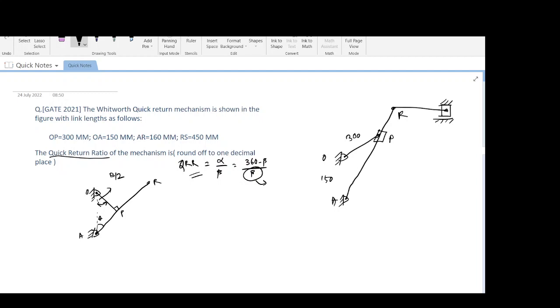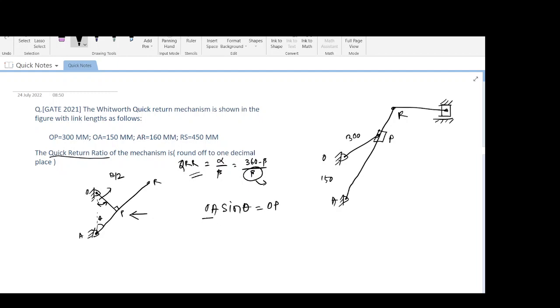So in the crank slotted quick return mechanism, we generally solve this typical diagram, where the basic equation was OA sin theta is equal to OP.